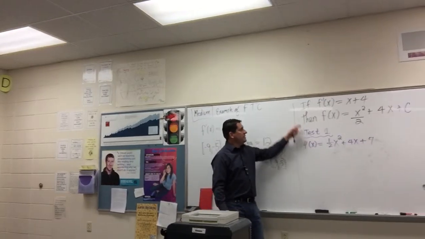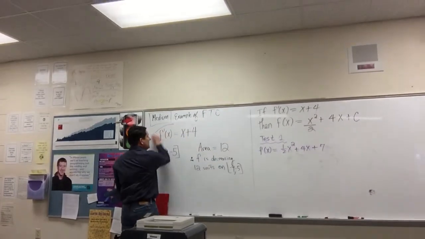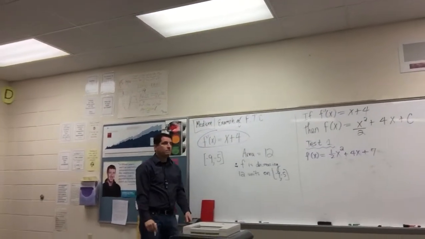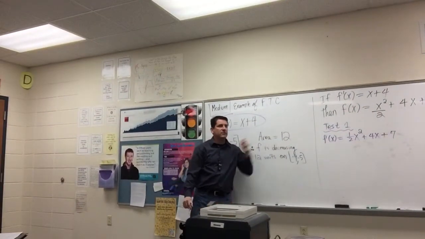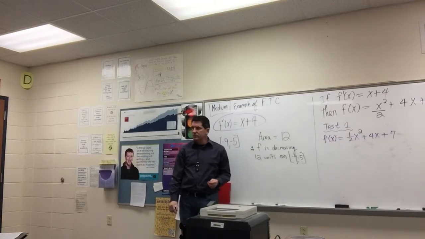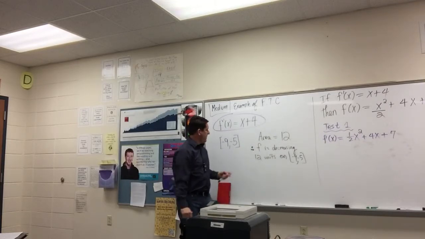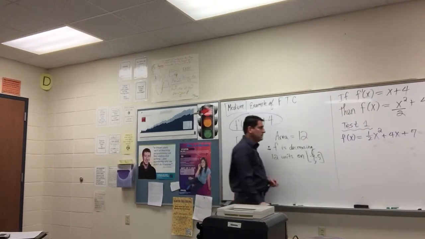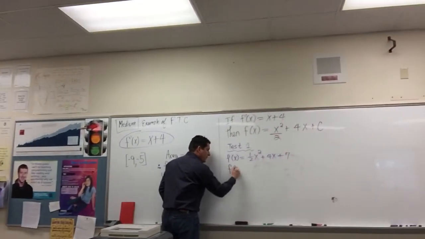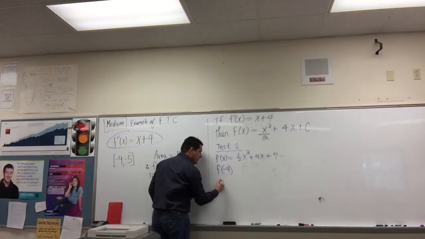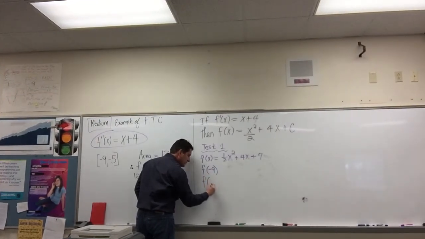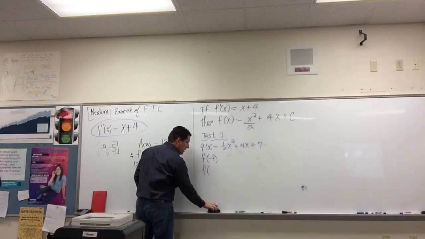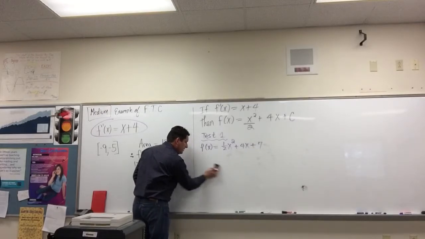The derivative of this is this. Okay? So how much does this function change from the interval from -9 to -5? Well, if we could figure out what each of these are, then we could do that math.